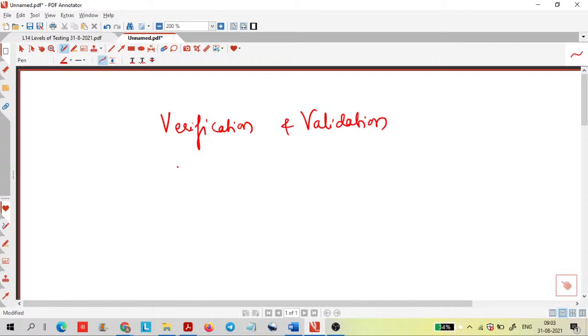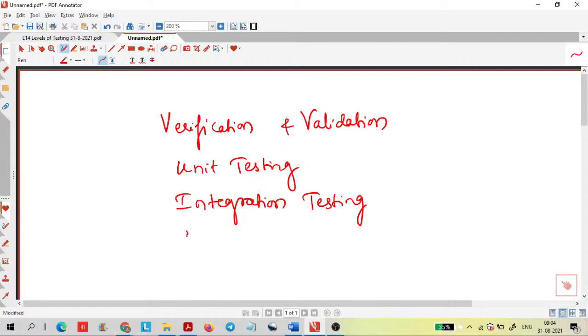Then we go for unit testing, testing of a particular individual module. Then integration testing. Then system testing, which is the final, complete application testing.